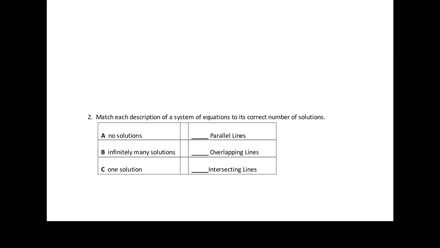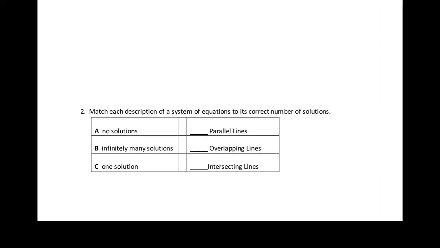How about, where's that short one on the front page? A, no solution. What kind of lines would those be? Parallel, yes, because they will never cross. So no solution. How about infinitely many solutions? Overlapping or intersecting?